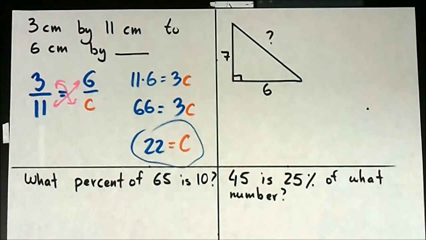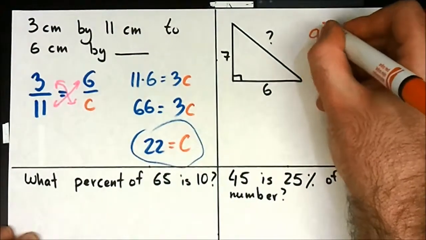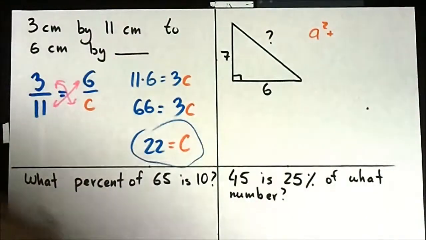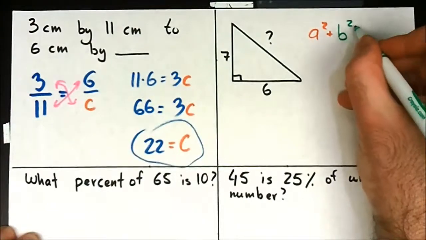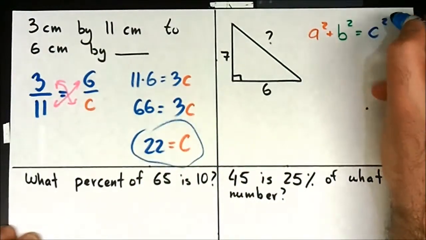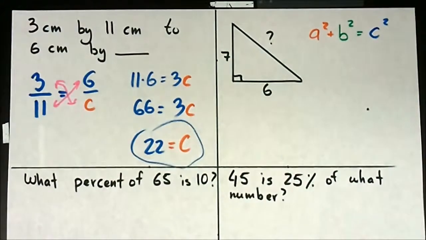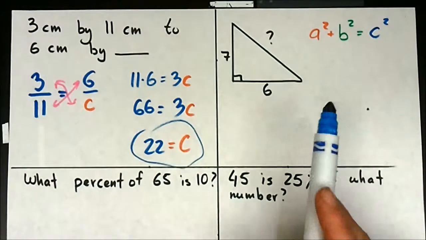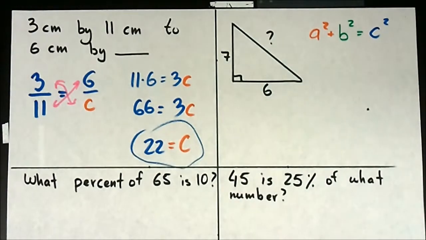we have a Pythagorean theorem problem here. So, what is that Pythagorean theorem? A squared plus b squared equals c squared. Now, which letter is missing here? C. And how can you tell?